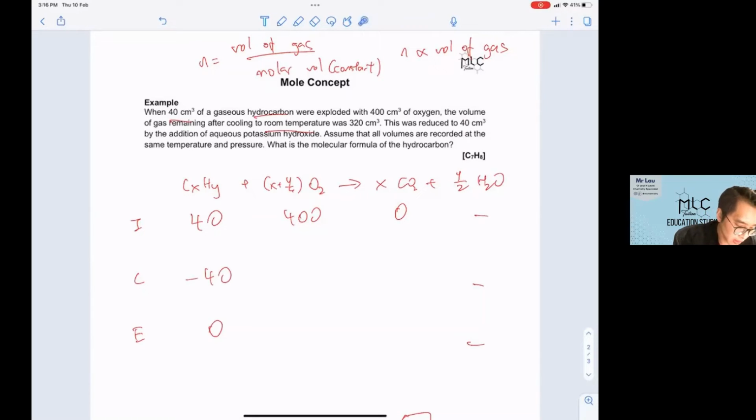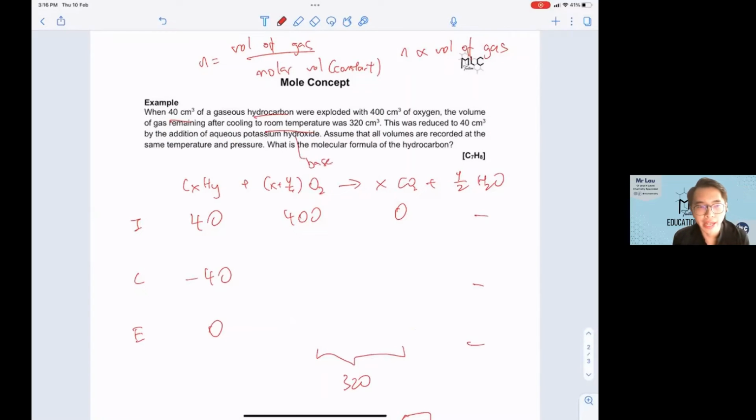Okay, let's read further. The volume of gas remaining after cooling to room temperature is 320. So this means that the total gas left will be 320. The leftover oxygen as well as your CO2 that is formed is 320. This was reduced to 40 cm3 by addition of KOH. KOH is a base.